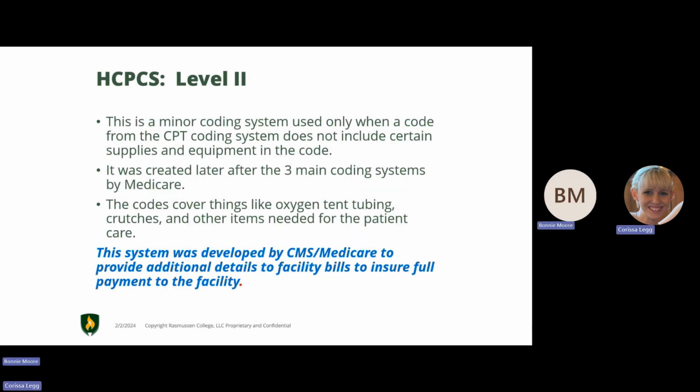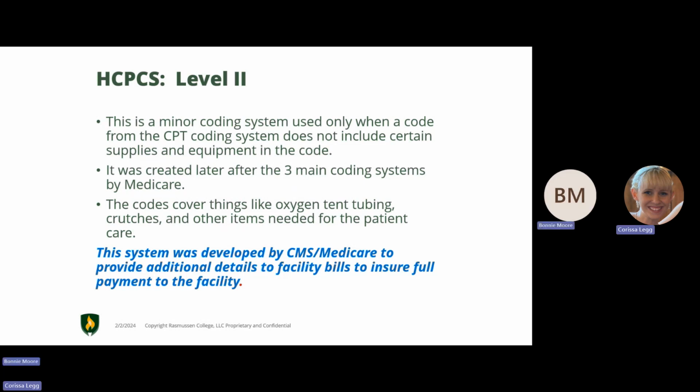We mentioned before HCPCS. This is called level 2. It's a minor coding system, and it's used only when a code from the CPT coding system does not include certain supplies and equipment in the code.